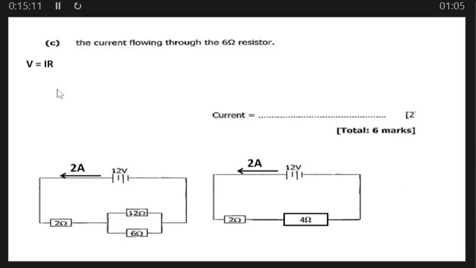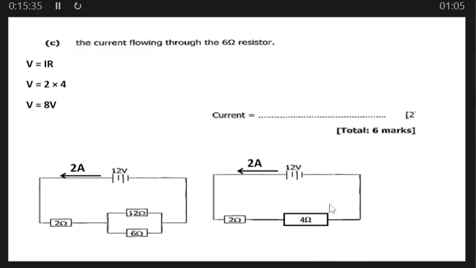So we'll substitute: V is equal to 2, which is the current passing here, times 4, which is this resistor, which will give us 8 volts. So the voltage across these two resistors in parallel is 8, as well as across these resistors.